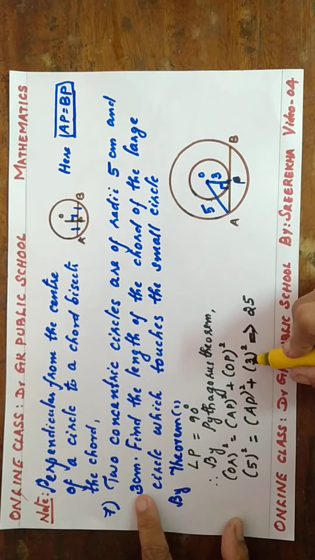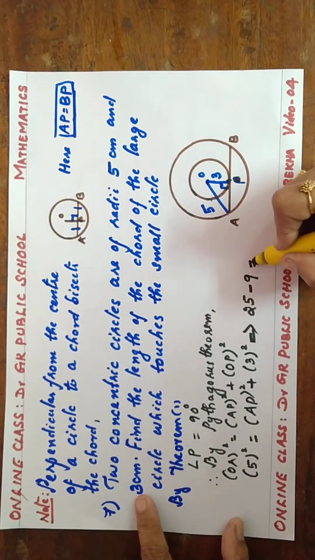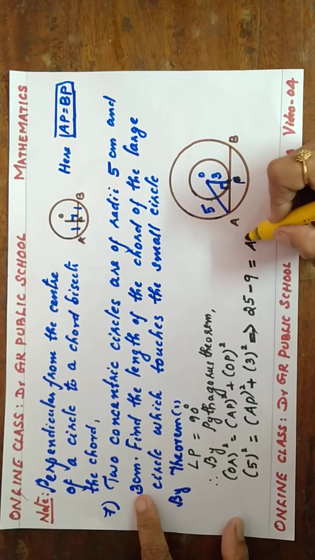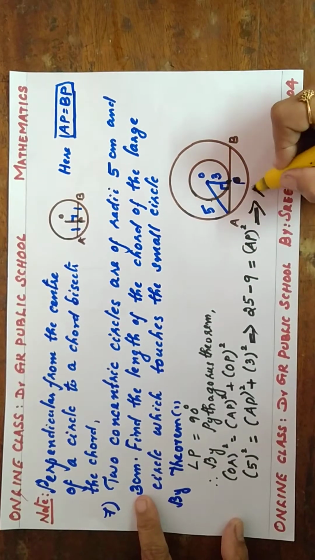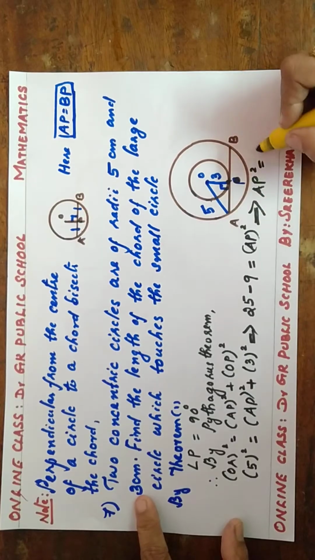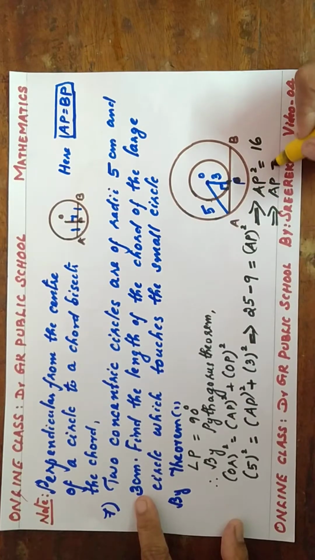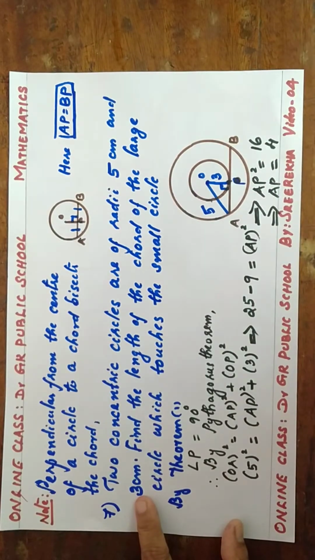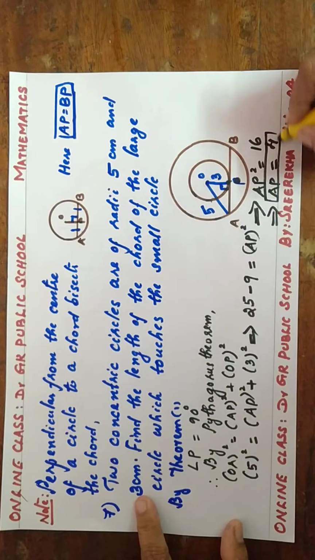What is 3 square? 9. 9 goes to the left side and becomes minus 9. 25 minus 9 equals AP square. From this you can say that AP square equals 25 minus 9, which is 16, which implies AP equals square root of 16, which is 4. Am I right? So you got the value of AP as 4.